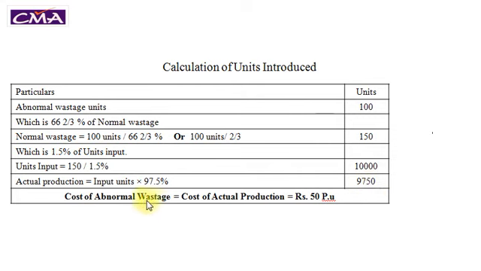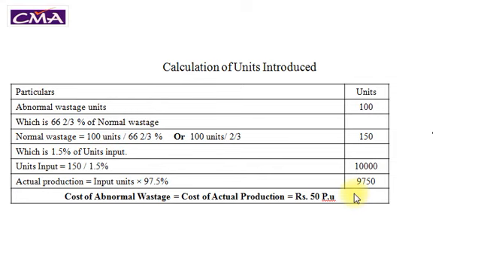And cost of abnormal wastage is equal to cost of actual production, which is rupees 50 per unit in process A. So now we got abnormal wastage units 100, normal wastage units 150, units introduced in process A 10,000, and actual output of process A 9,750, and cost per unit is 50 rupees per unit.